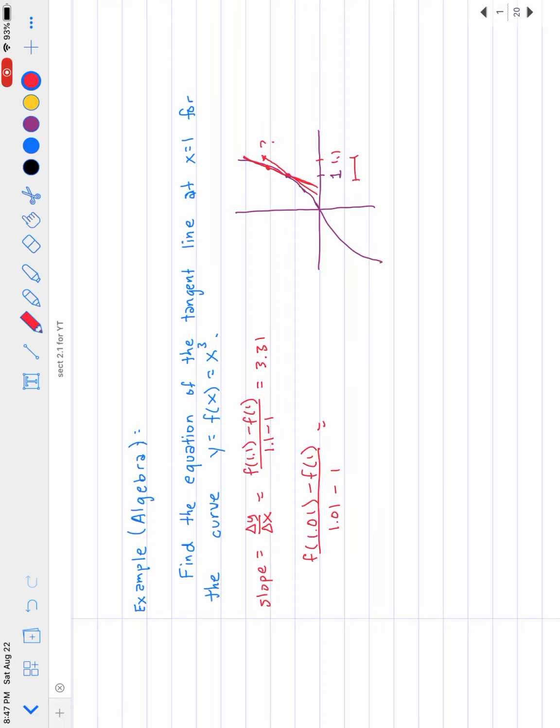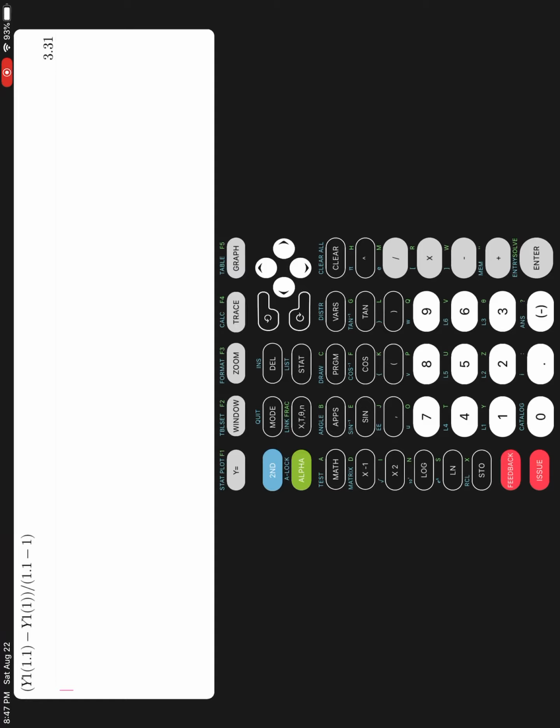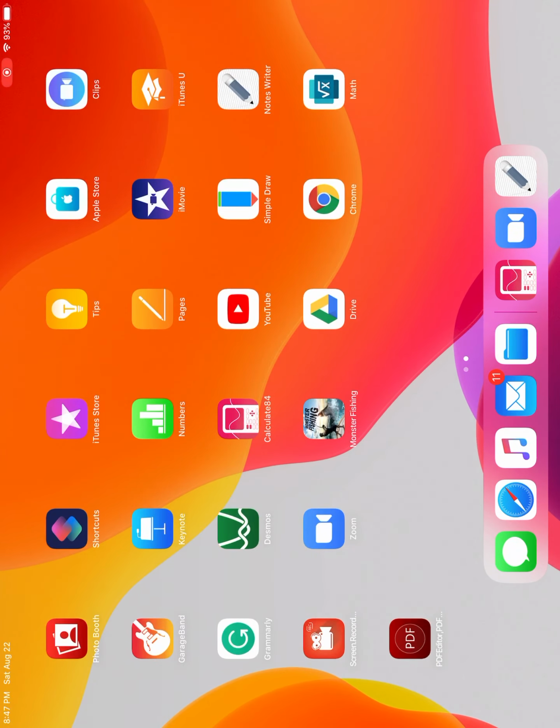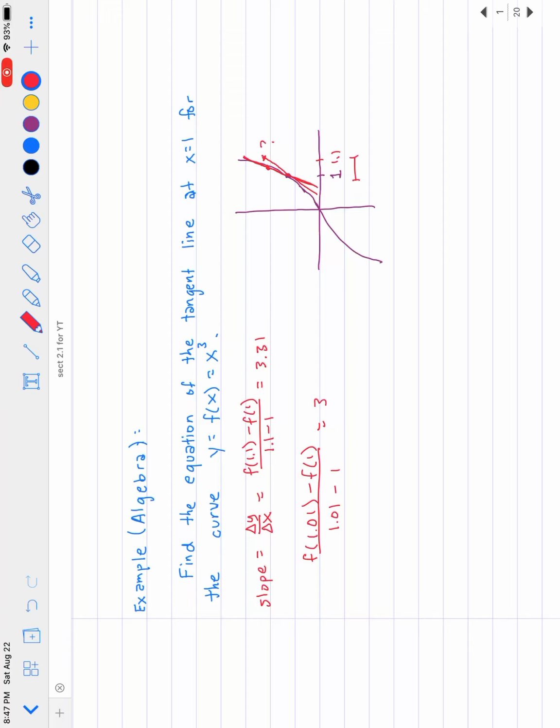If I put those in the calculator, I push second enter, which allows me to go back to my previous input, and modify it by putting 1.01 over here, and 1.01 over here. Let's see, it looks like this time it's giving me 3.0301. So that is something that I like. Notice that it's giving me something a little more and more accurate each time.